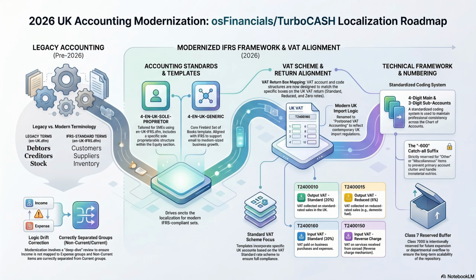That coordinate is dedicated to output VAT standard rate, which in the UK is 20%. Okay. This captures the VAT collected on the vast majority of everyday commercial sales. If a business sells a consulting service or manufactures a piece of office furniture, the 20% tax they collect hits this specific account. And crucially, the software knows that the balance of T2400010 maps seamlessly and directly to box 1 on the HMRC VAT return form.